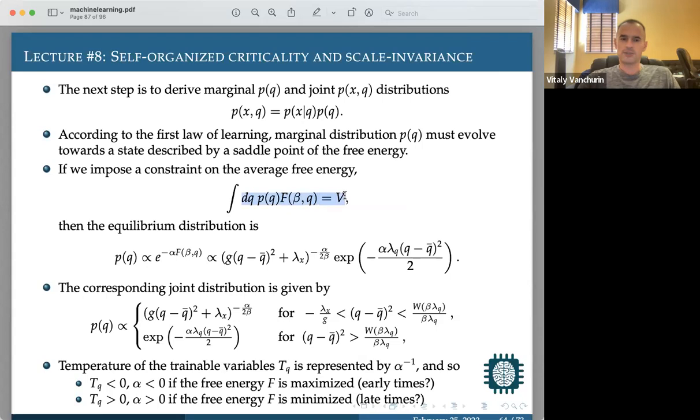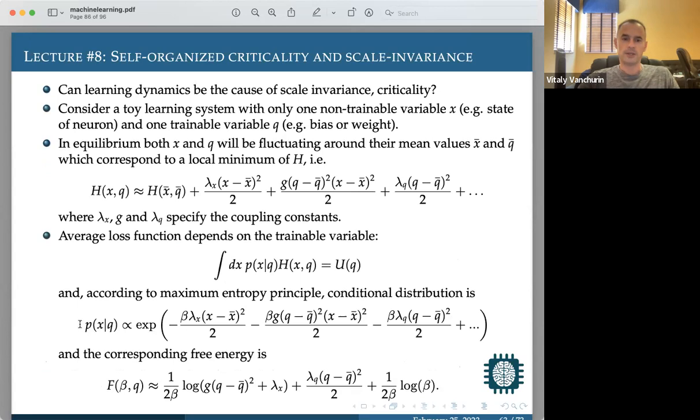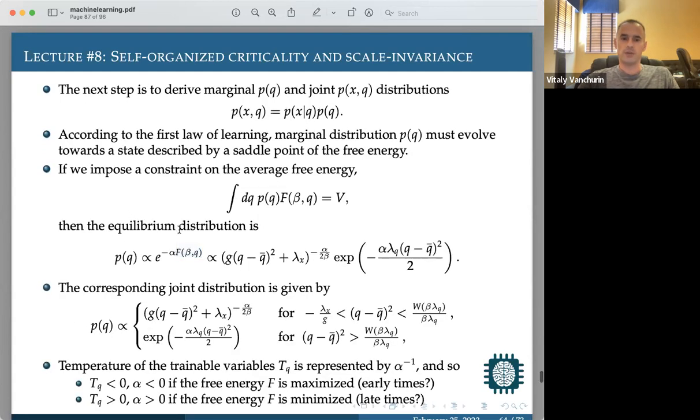And if we set this constraint, then the equilibrium distribution is derived in a similar manner, and it will be given by e to the minus alpha F. Before we had e to the minus beta H here, but now we put a constraint on the F, and so it will be e to the minus alpha F. The same idea: alpha again plays the role of the Lagrange multiplier, or 1 over alpha plays the role of the temperature now of the trainable variables.